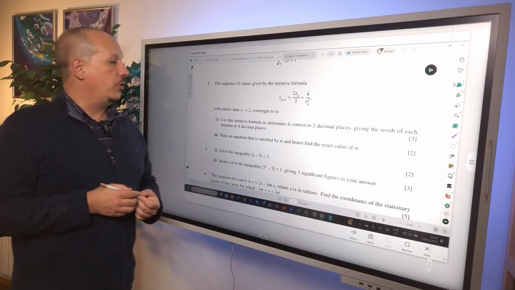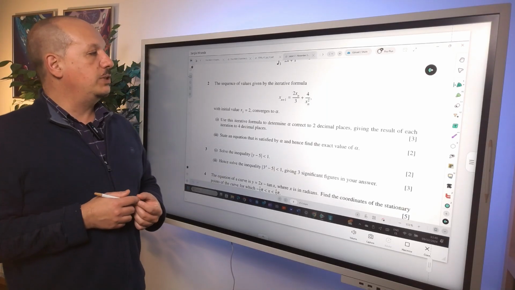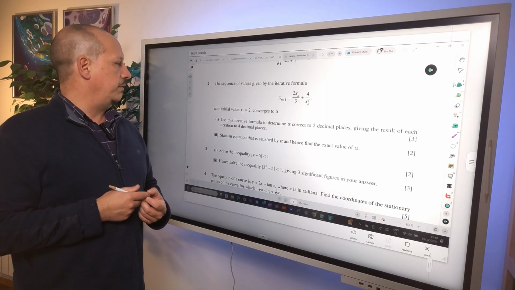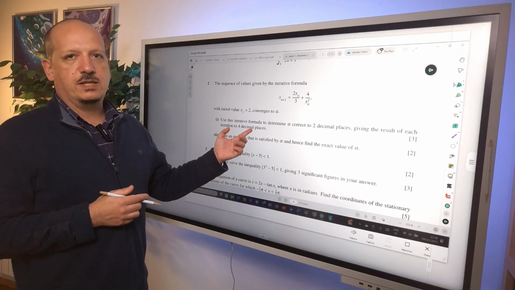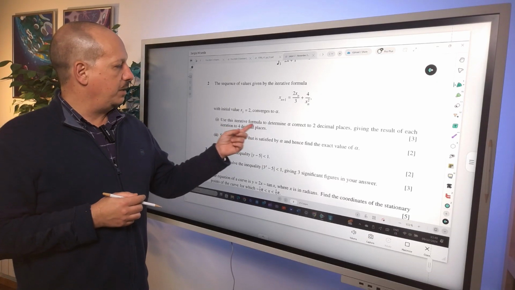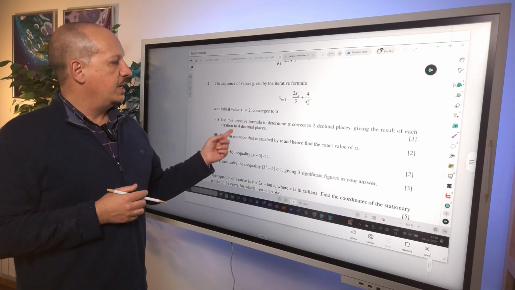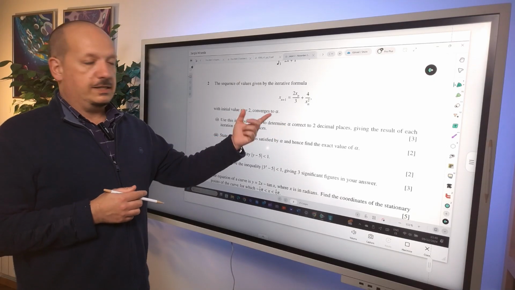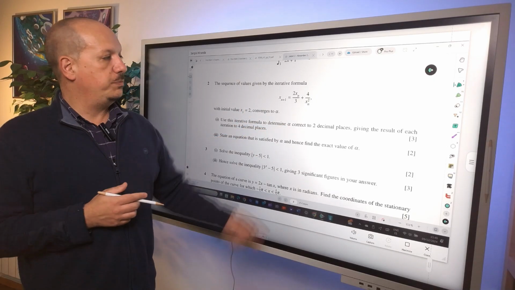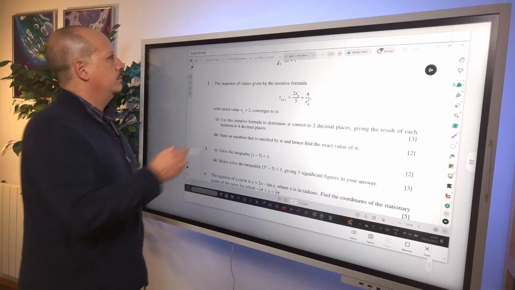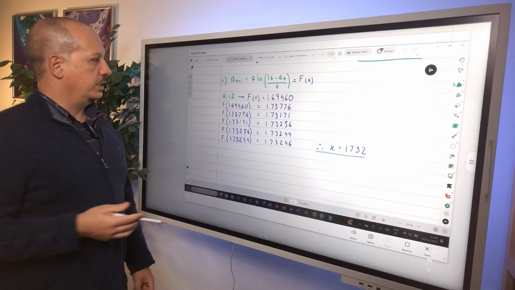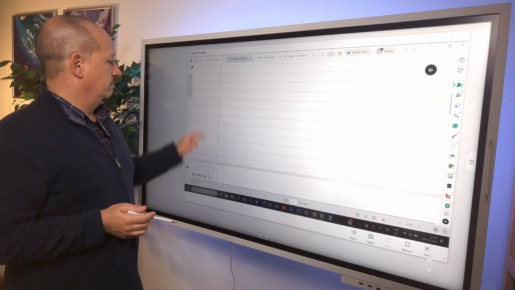Use this iterative formula to determine alpha correct to 2 decimal places, giving the result of each iteration to 4 decimal places. Again, it's telling you how many decimal places you should use as you look for alpha. And it tells you also that alpha should be correct to 2 decimal places. So let's just do what it tells us to do.